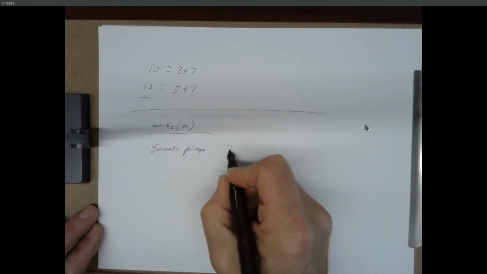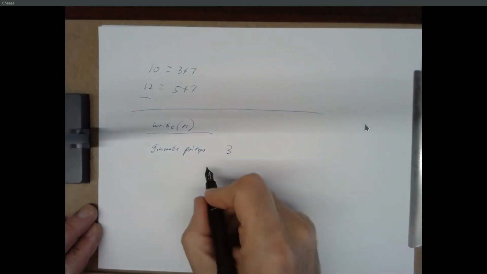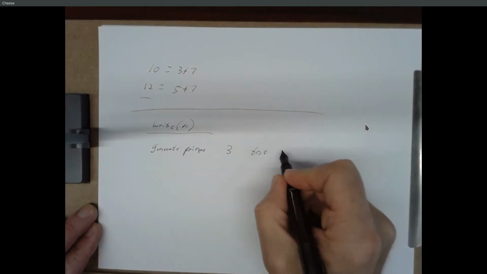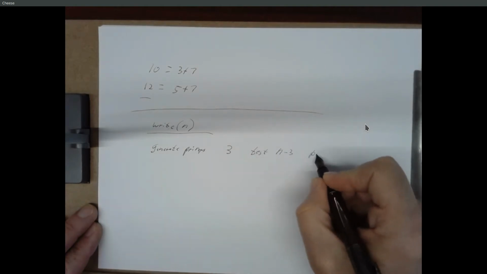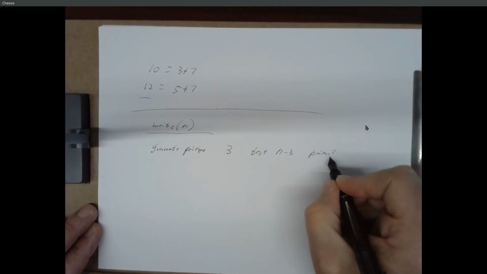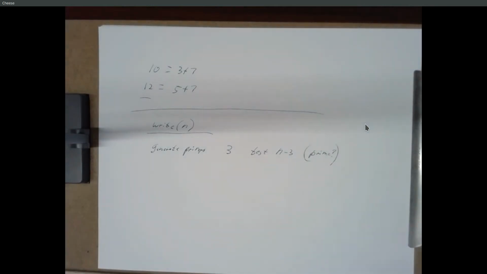So start off with the number 3, okay, and test n minus 3 to see if it's prime. And if it is, you're done. 3 plus n minus 3 gives you n, and if 3 is prime and n minus 3 is prime, right, then there's how you can write n.